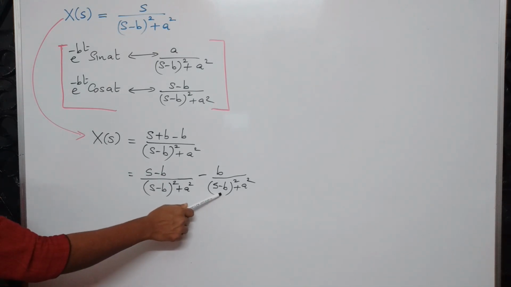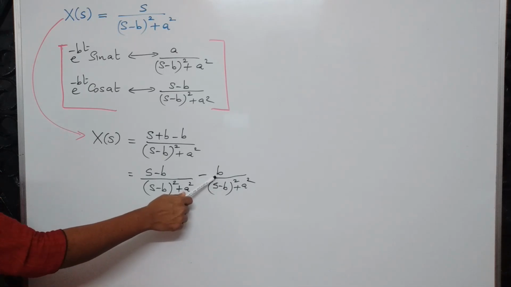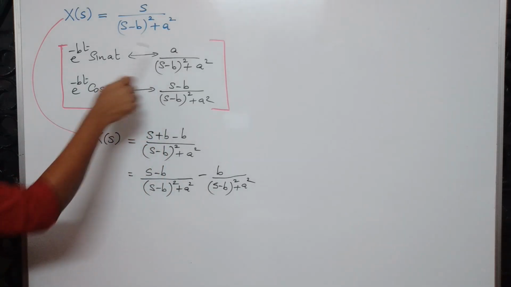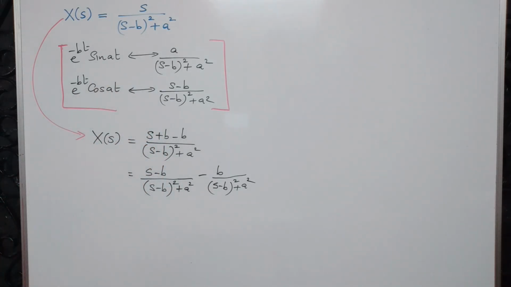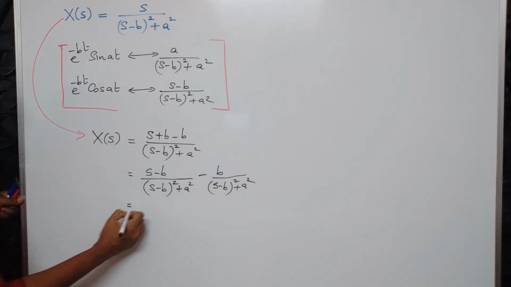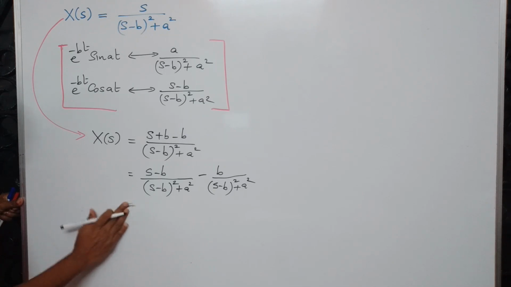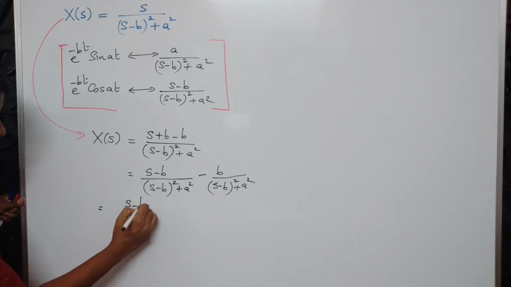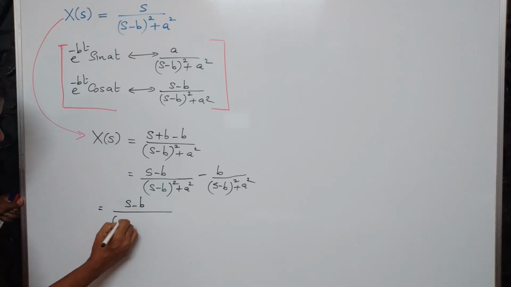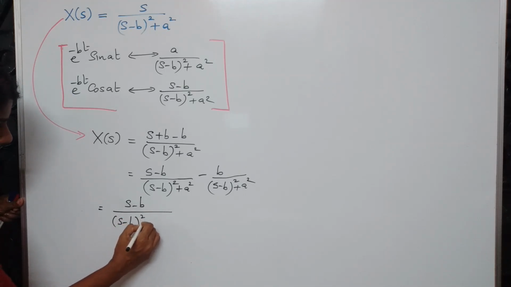Now what about the second one? Here it is b, but in the standard result it should be a. So what can be done? Let me write this as such. The first is already in the standard form, so there is no need to change that.